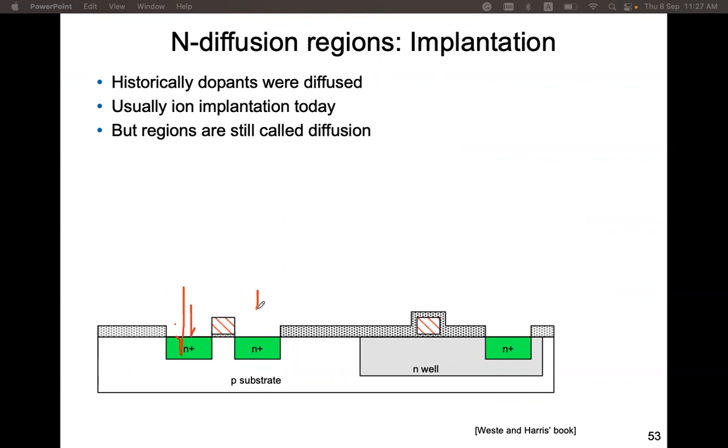Those arsenic ions implant like bullets, injected into those regions, and this part is automatically blocked by the gate. Therefore, here we don't have an N region formed.